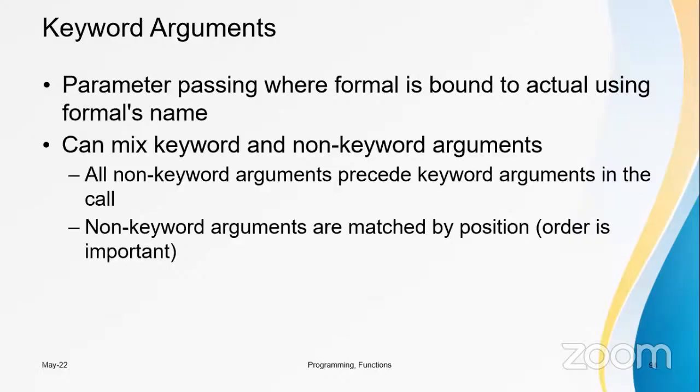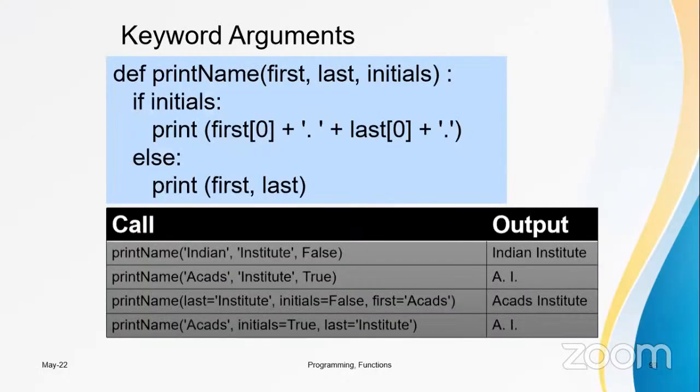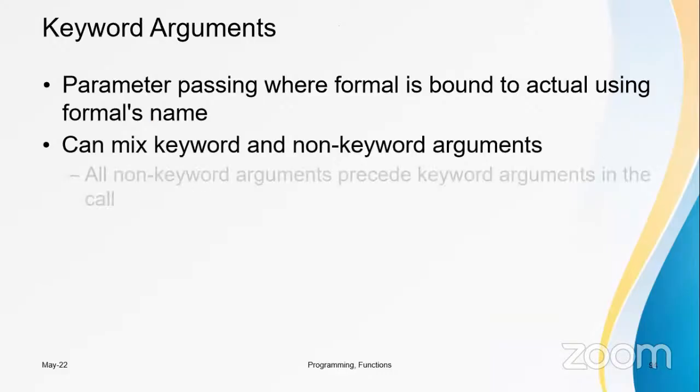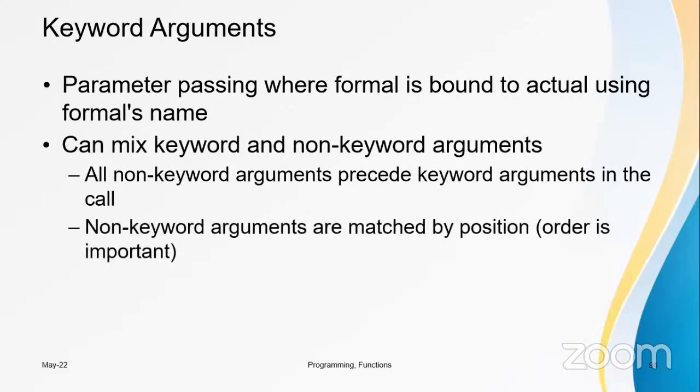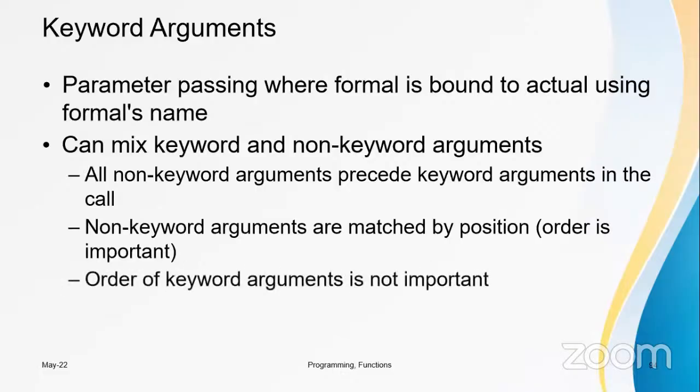See the previous example. First, last, initials. So see here, I have given last, initials, first, all. So that's what it is. All non-keyword arguments are matched by position. Order is very, very important. Order of keyword arguments is not important.